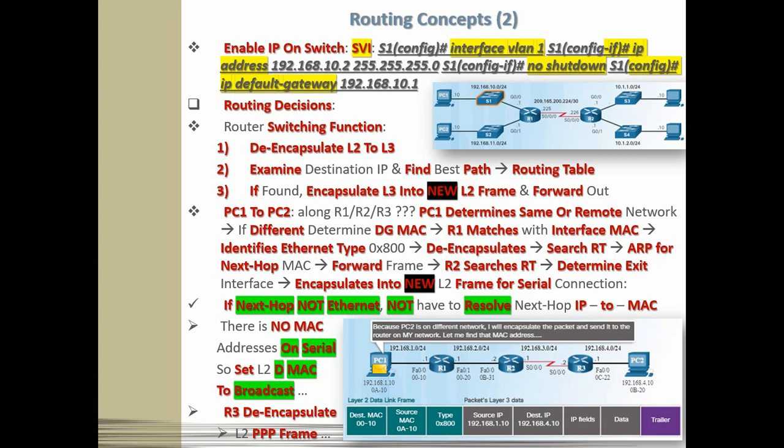And with no route, if there is no route found inside the routing table, no directly connected or remote network, then the destination IP does not belong to a connected network or is not listed inside the routing table entries, and therefore the packet is sent to what we know as the gateway of last resort. We will explain that later when we explain static routes, and you will see an example of that.